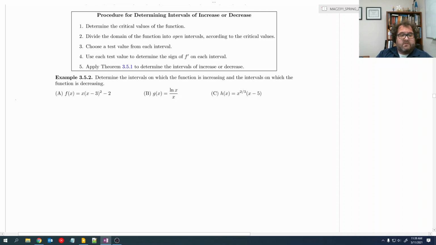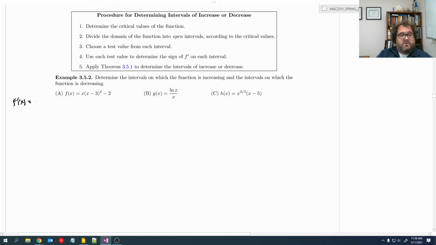So let's find f prime. We're going to apply the product rule. When I say first function, I mean x. Second function, I mean x minus 3 squared. Since there are a few moving parts, I'll write out all the little steps.